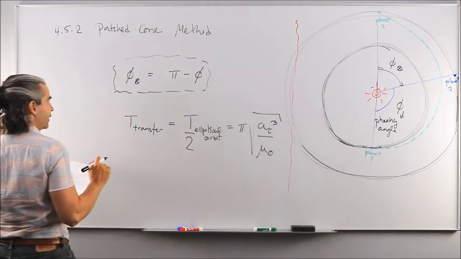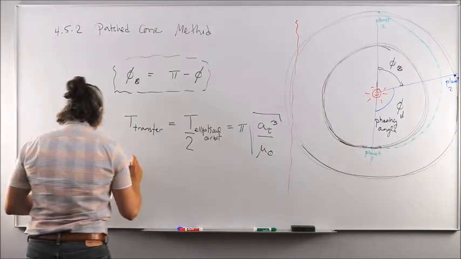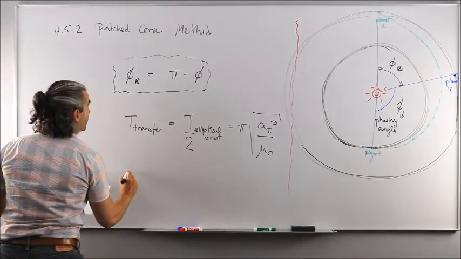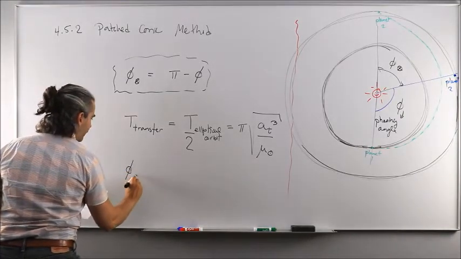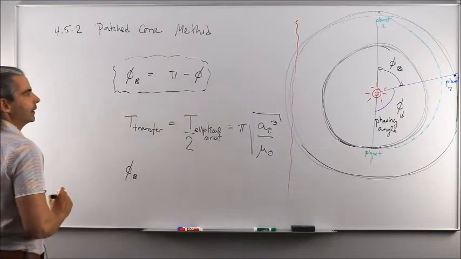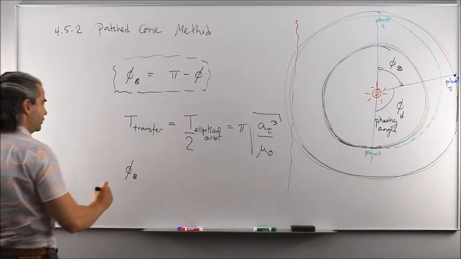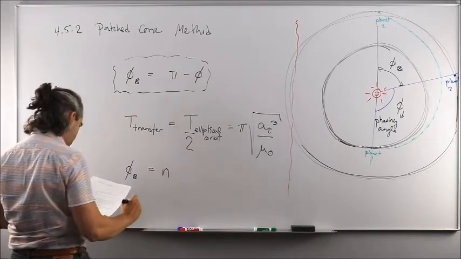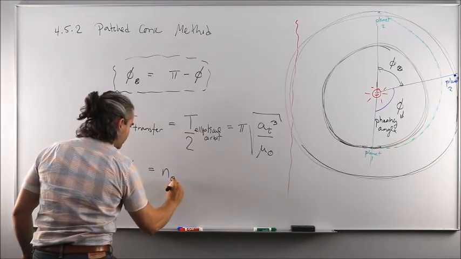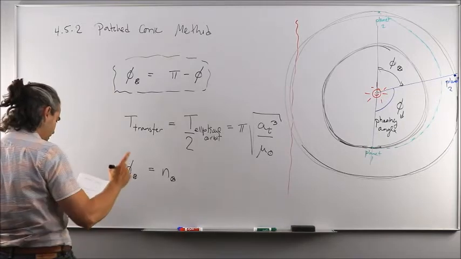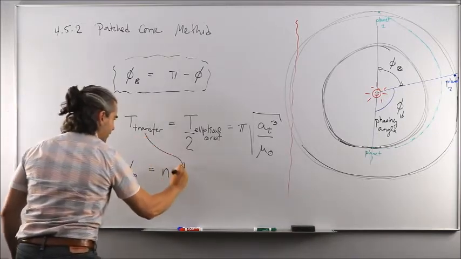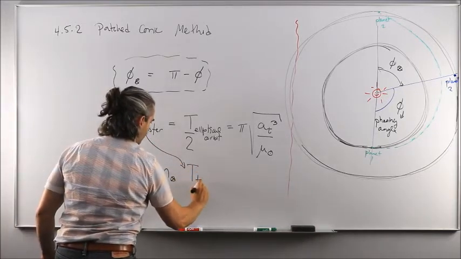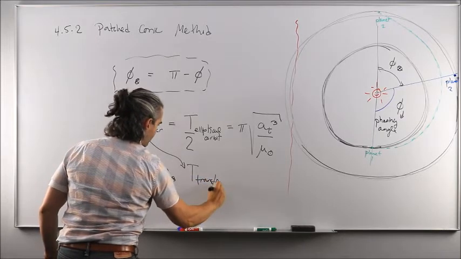Or we could also say that this angle, phi, that needs to be covered by planet 2 in terms of radians would be equal to the mean orbital motion of planet 2 in radians per second times this time here, which is T transfer.